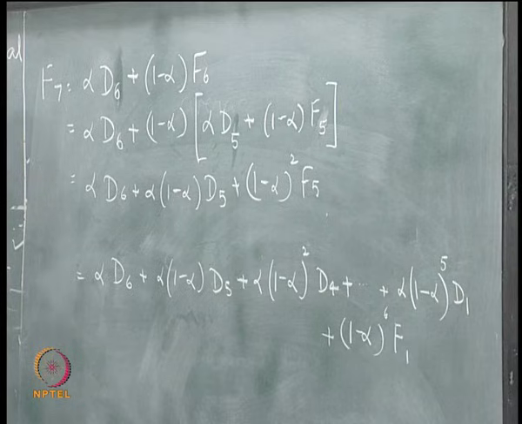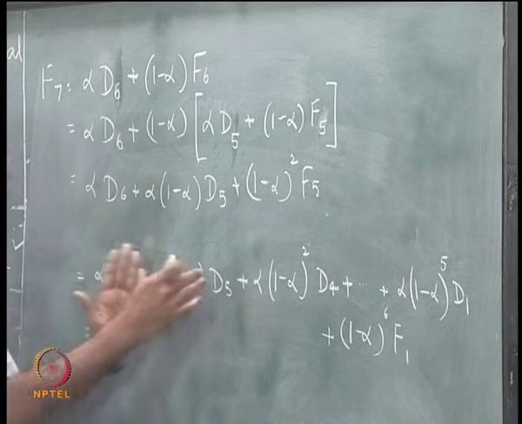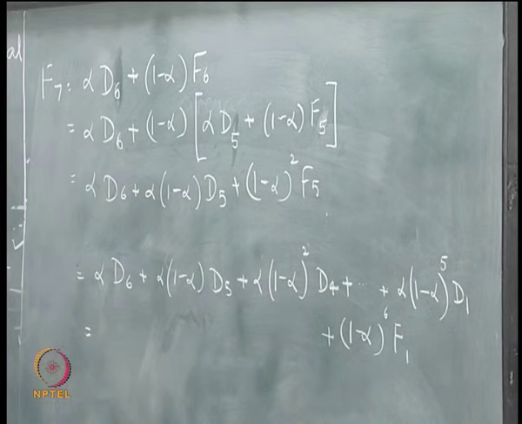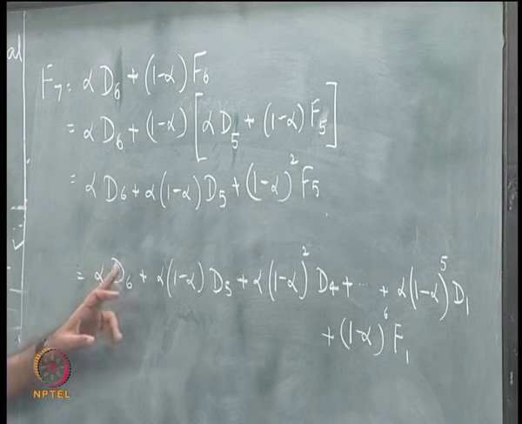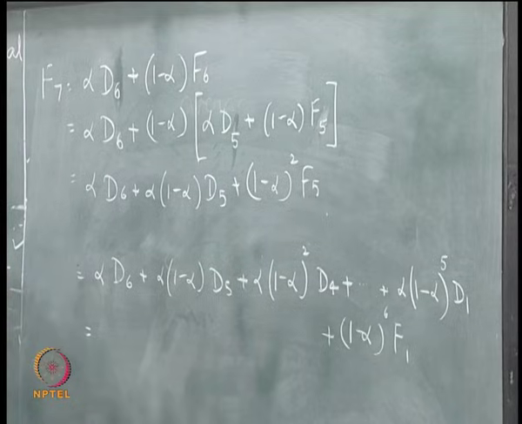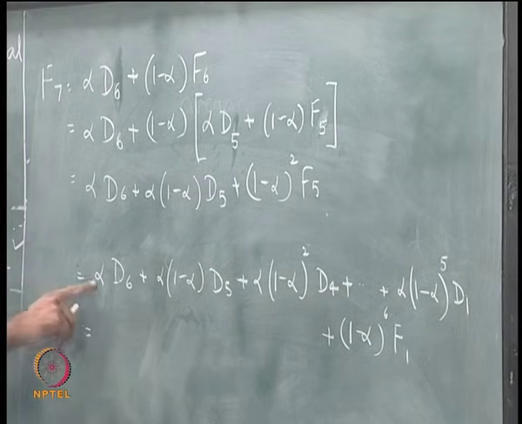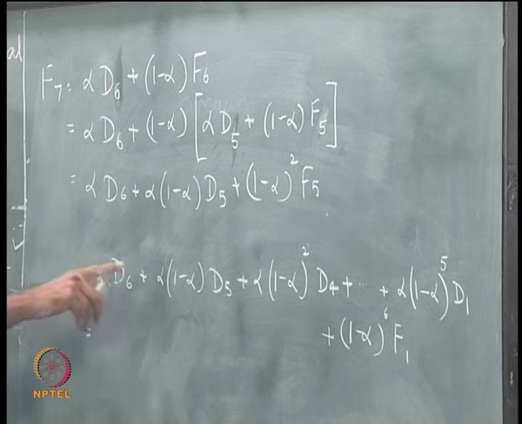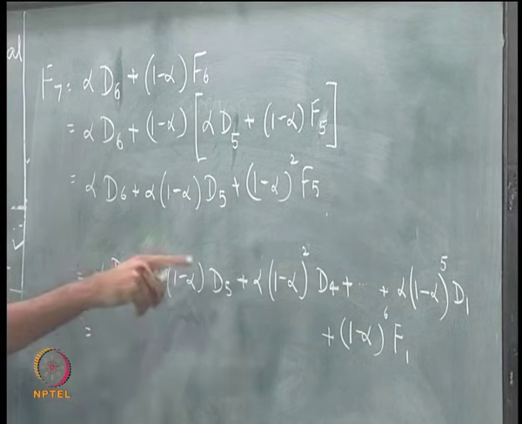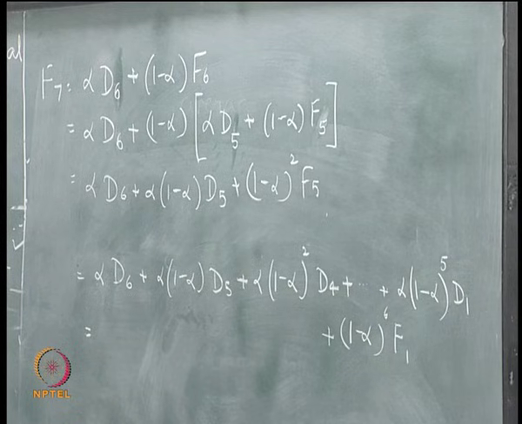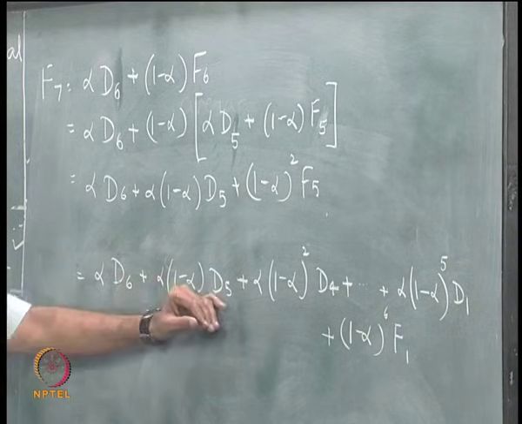Now if we start looking at these terms, each term uses the demand D and is multiplied by a number. Here it is alpha, it is alpha into 1 minus alpha, etc. So this can be treated as a weight associated with this demand.